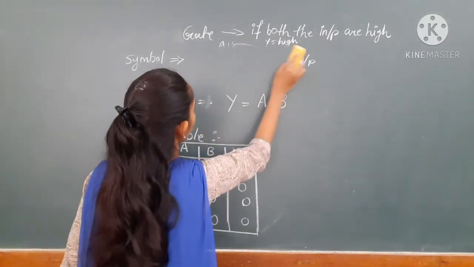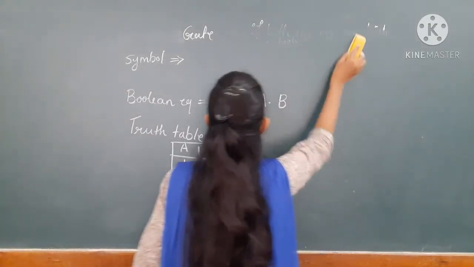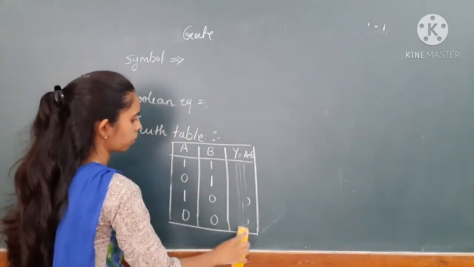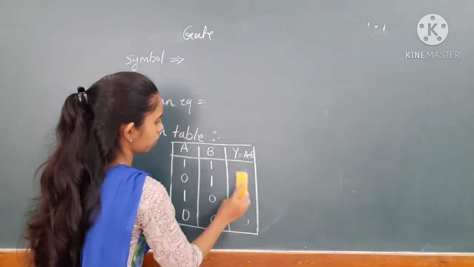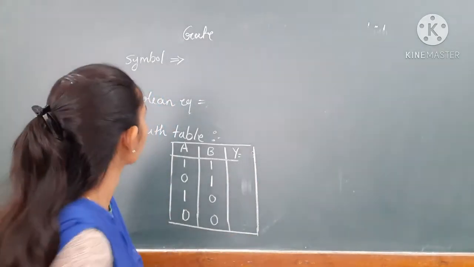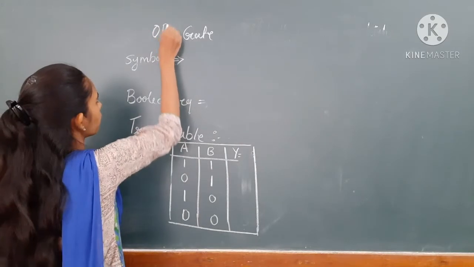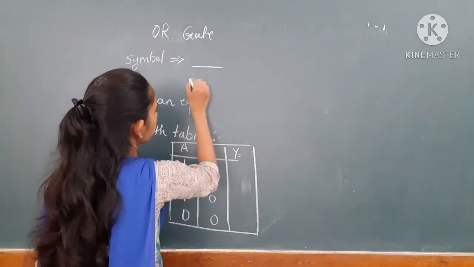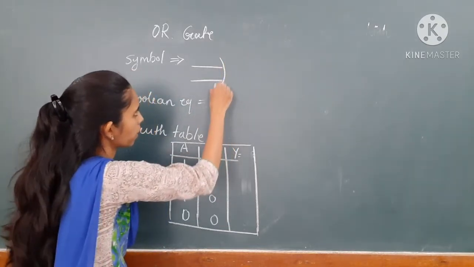For the OR gate, it is a little bit curved.